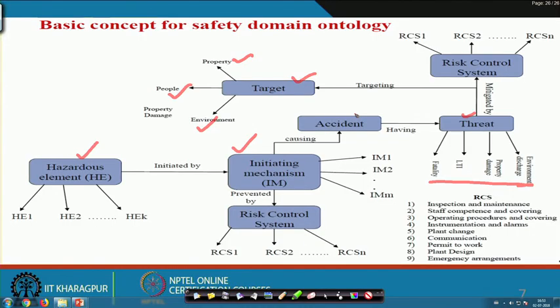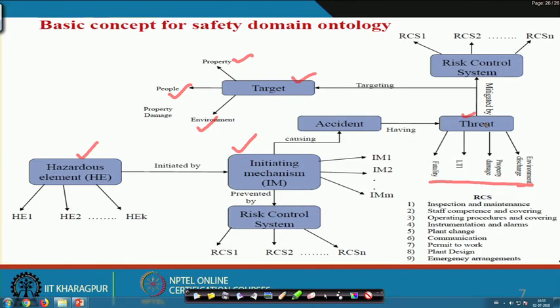Now, the design engineer, or the safety engineer, who is responsible for the design of a product or process, must understand this path. The reason is, if I know the hazardous element, followed by a sequence of initiating mechanisms, causes an accident having threats of different kinds and targeting either people, property or environment, that means I know the path.